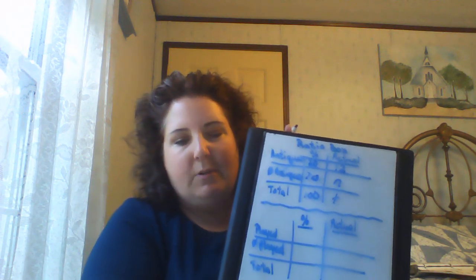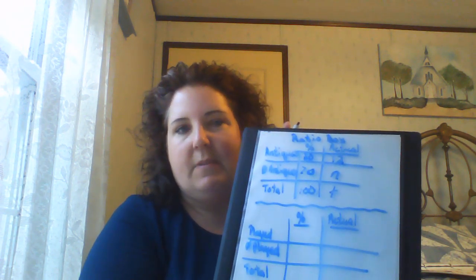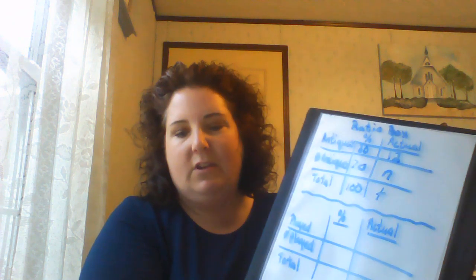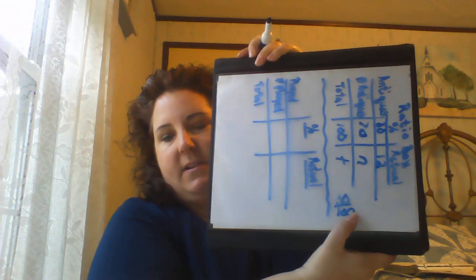Now, to figure this problem out, what I do is I do my cross multiplication. I put my ratio. I know that we had 30%. I'm going to do it this way. 30% of the cars were antique out of 100. That's how I get that right there.